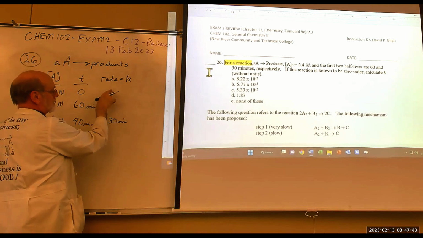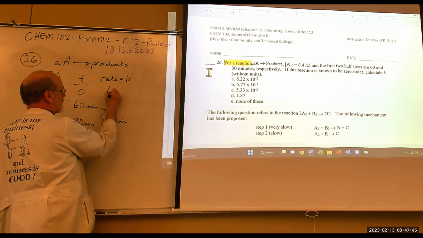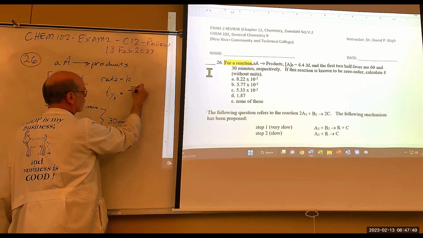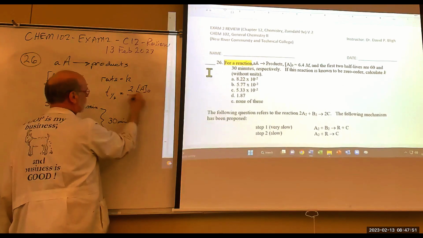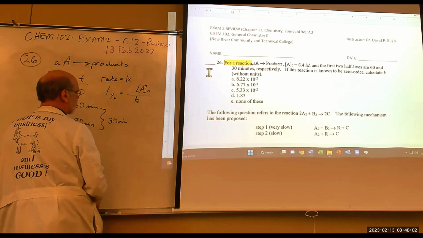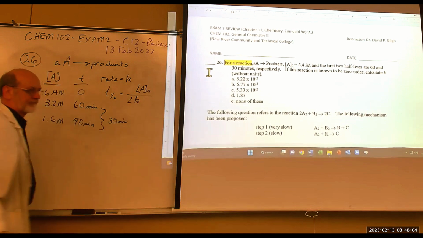So, and the half-life equation is 2 times the initial, I believe, divided by K. Is that right? That's why I put it in useful information. Nope. 2 times. There we go.